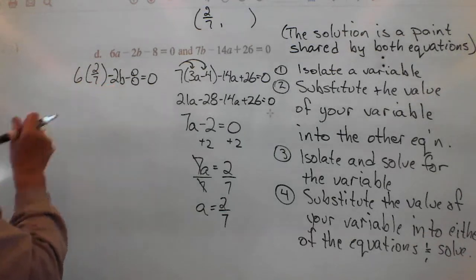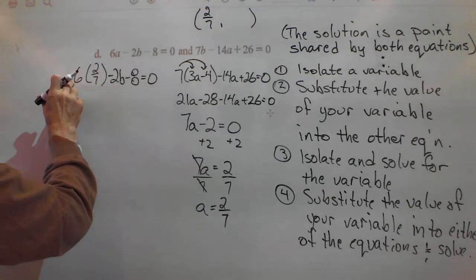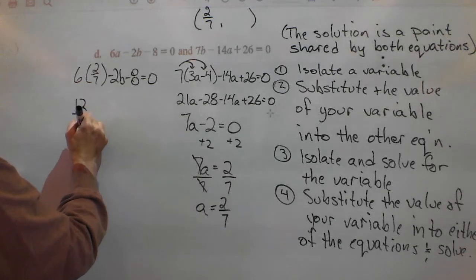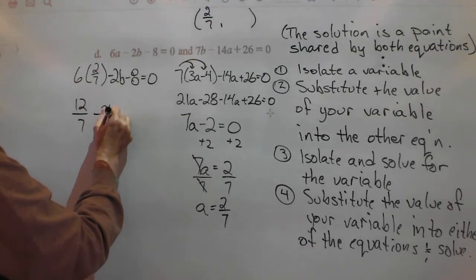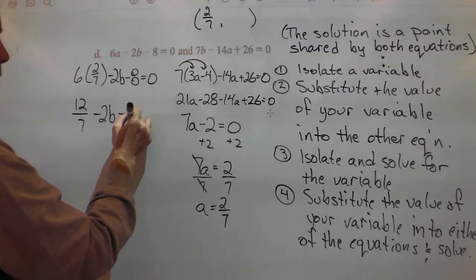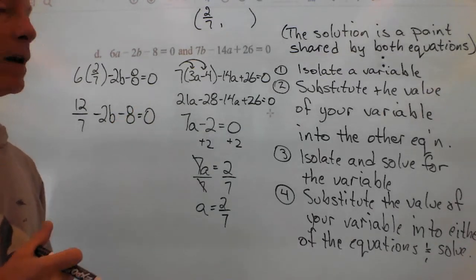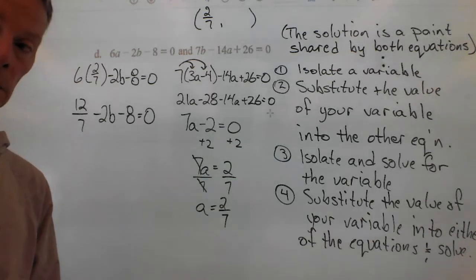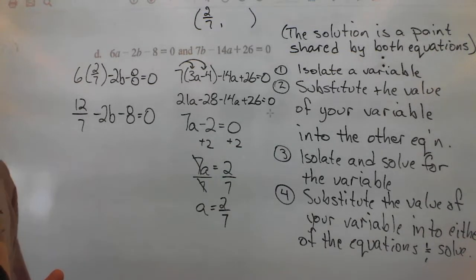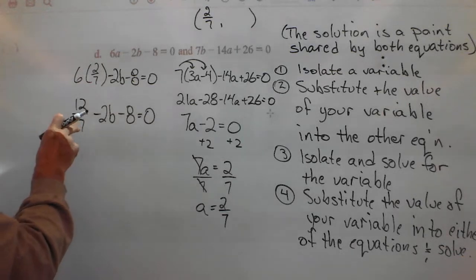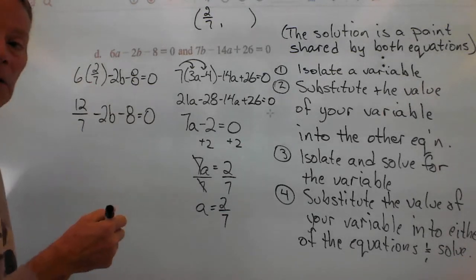I simplify my left side. 6 times 2 over 7 is 12 over 7, minus 2b, minus 8 equals 0. Now, at this point, if you would like, multiply through by the denominator to get rid of it. It just makes life easier.